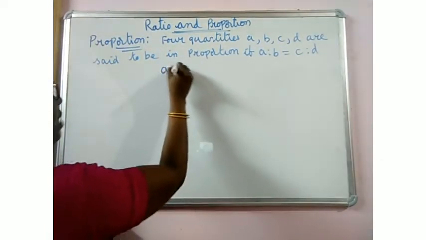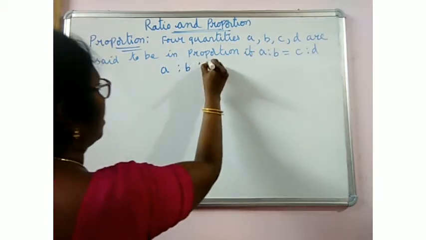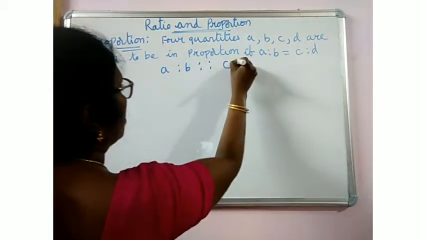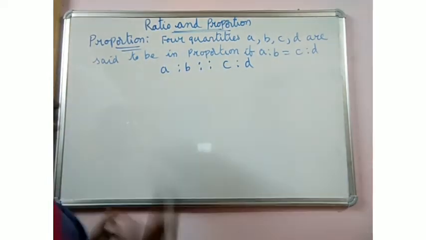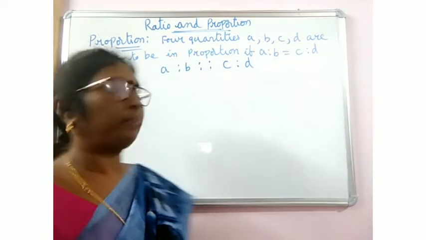And for this we can write A is to B equal to C is to D. Like this, if you write two dots, that means it is equal to.